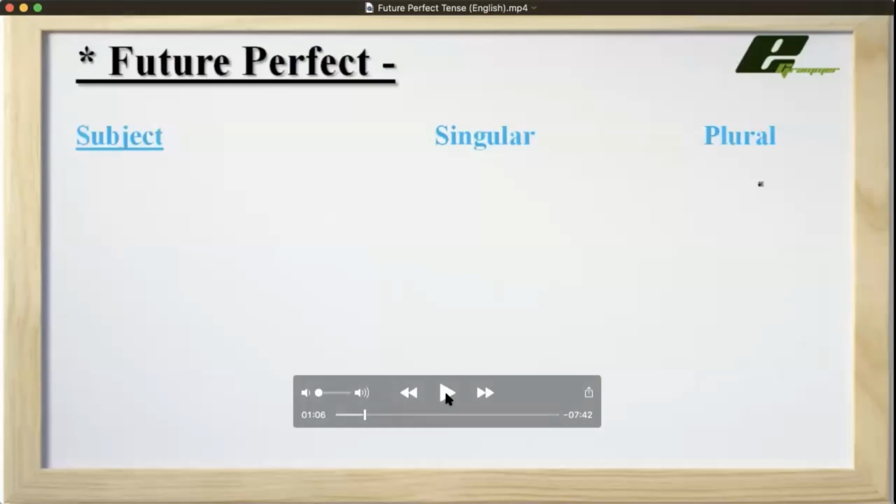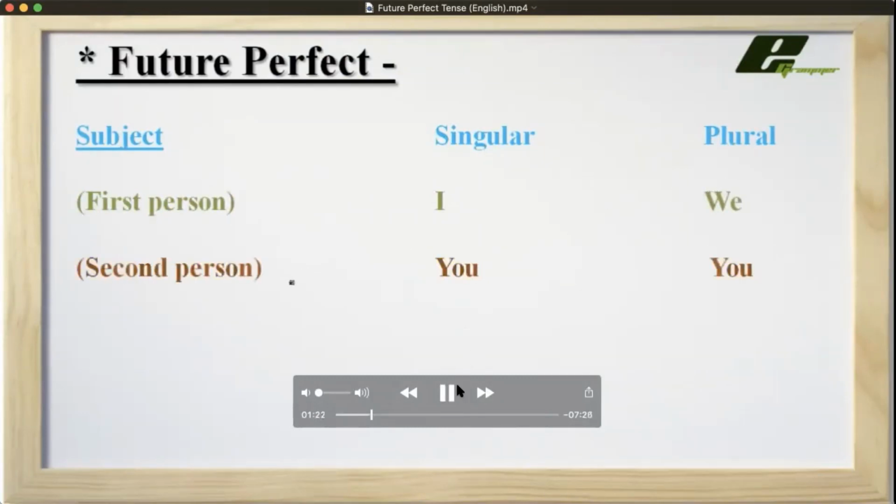Before we talk about the formation of future perfect tense, let's revise the subject. Subject comes first in the sentence. The subject can be singular and plural. The first person is I, and in plural form it is we. The second person is you, and the plural form of the second person is also you.